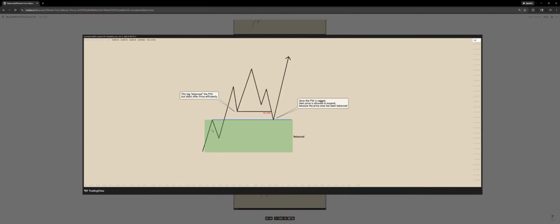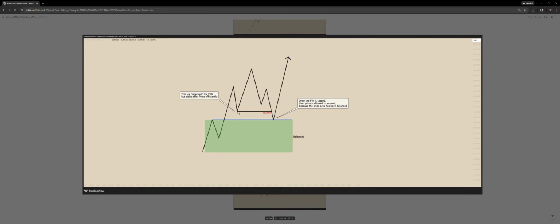So here you can see this is an example of a mitigation block slash breaker block slash order block. So any sort of down move where we have a high, this is where price has been delivered efficiently, and then as we expand through here, this is where we would have our imbalance.